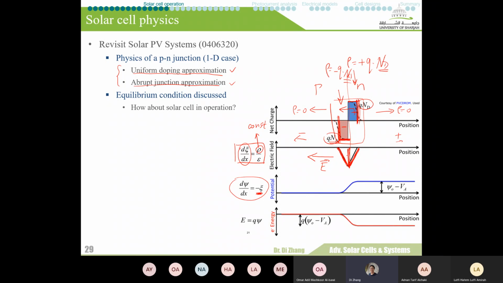So since the electric field is negative in our case, the negative of the electric field here is going to become positive, and that will give you the potential. The potential is always going to increase throughout the p-n junction because the slope is always positive.